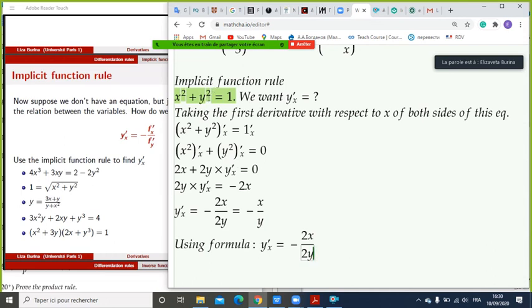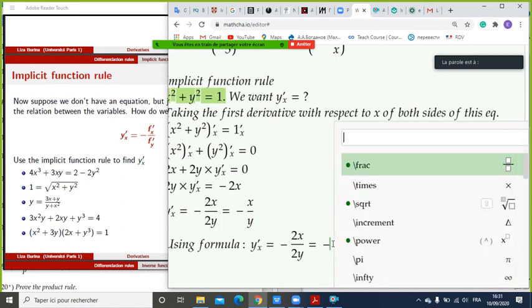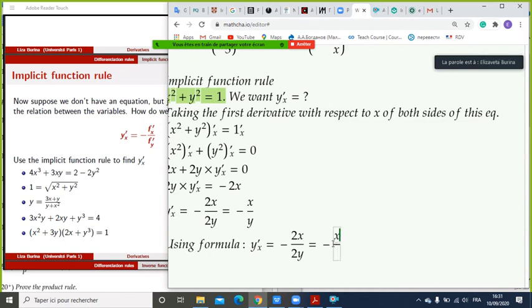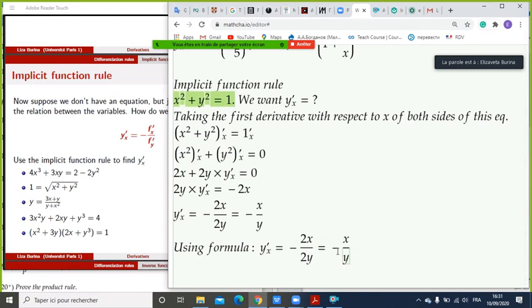So the thing, what I call the thing, is this. The derivative of 1 is always 0 with respect to whichever variable. There is no variable in 1. Okay, great. So this is equal to minus the fraction x over y, and that's it. So we got the same result.